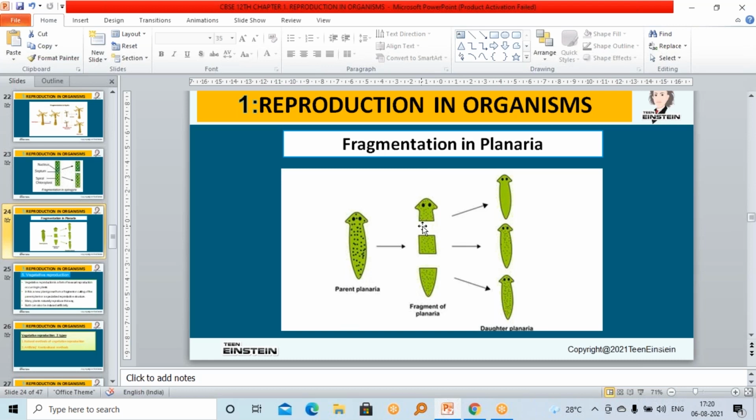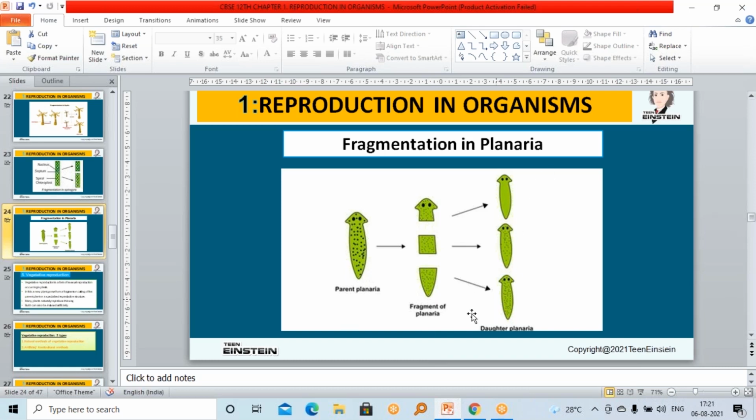And then the head portion will grow a new tail and other parts, and the middle portion will form a head portion and a tail portion, and the tail portion will form a head portion and middle portion. Like that, each fragment will grow into a complete organism or a complete daughter planaria.